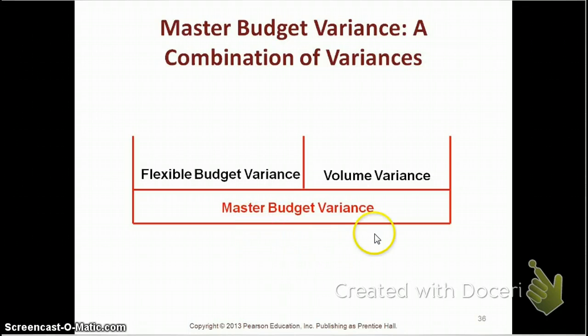The difference between your master and your flex is your volume variance, and the difference between your flex and actual is your flexible budget variance. The sum of your flexible budget variance plus your volume variance is the master budget variance. Another way to look at it is the master budget variance is the difference between your master budget, which is on your rightmost corner, and your actual, which is on your leftmost corner.